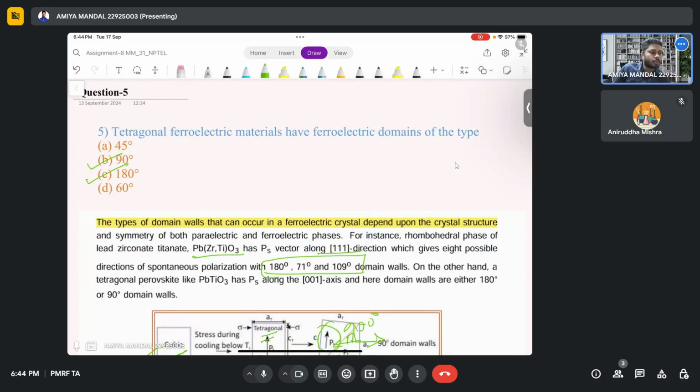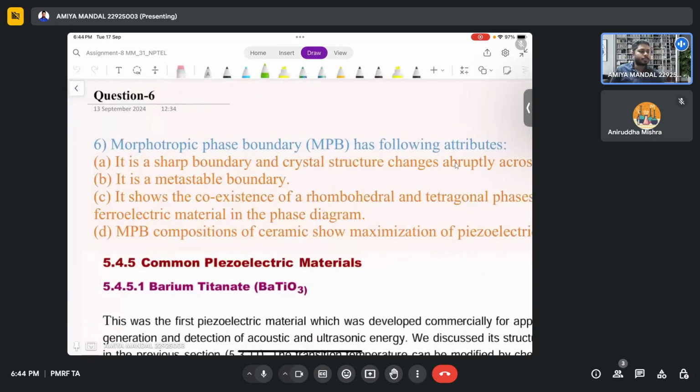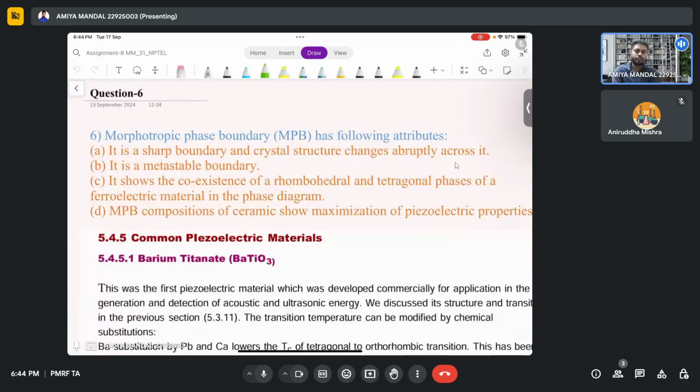Now move to question number 6: the morphotropic phase boundary, MPB, has the following attributes. What are they? The morphotropic phase boundary is a typical phase boundary in which morphotropy means two different types of phases are coexistent.